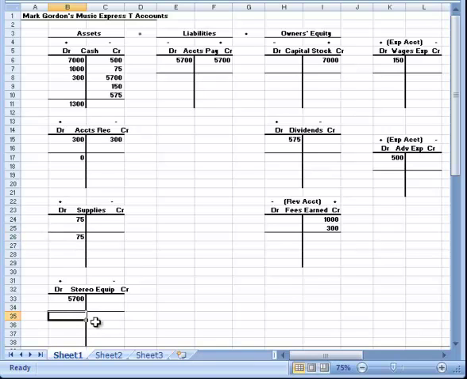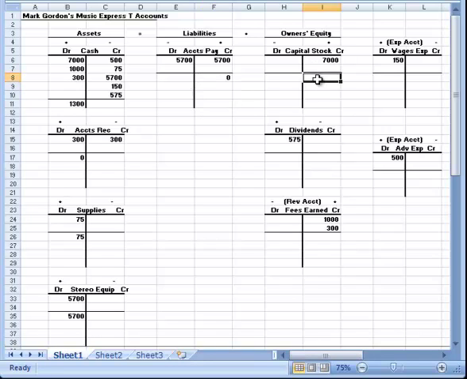Stereo equipment, one number again, so that's an easy balance. Liabilities, $5,700 on each side, so the net is zero. And which side would that go on? That would go on the credit side, because the normal balance of a liability account is a credit.